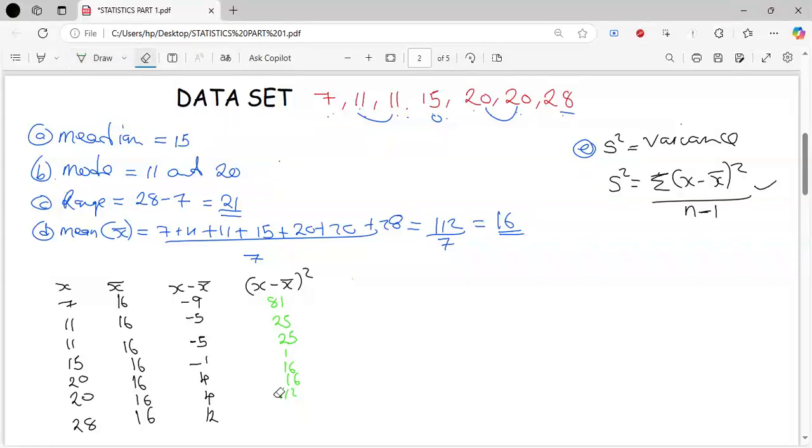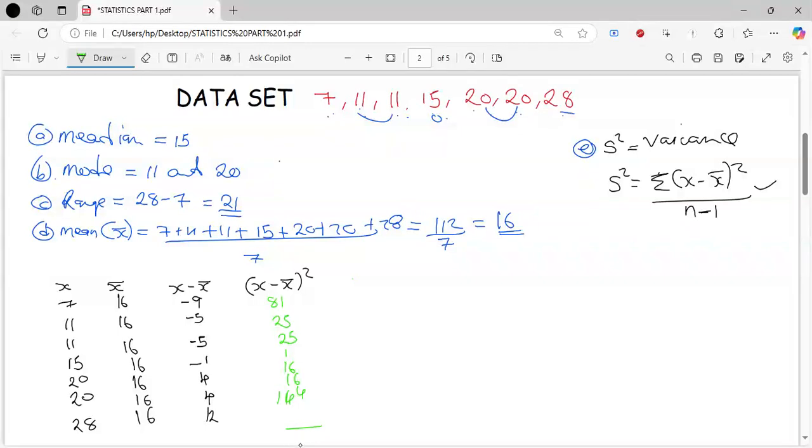I've really made a big mistake there, I'm lacking space here. So 144, like that.